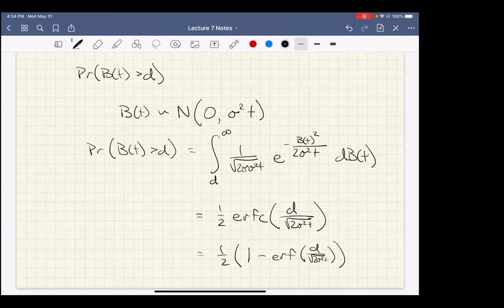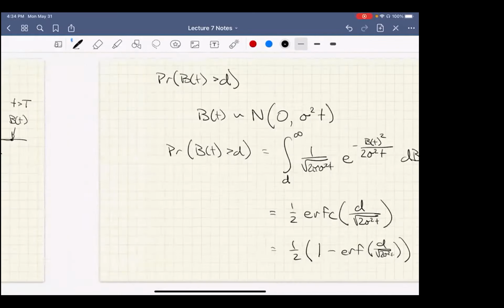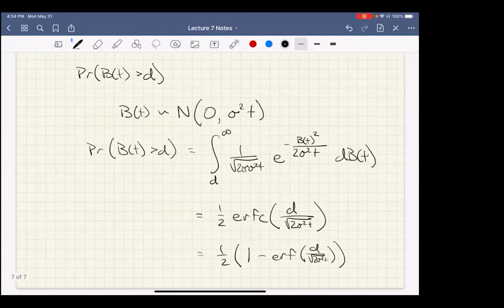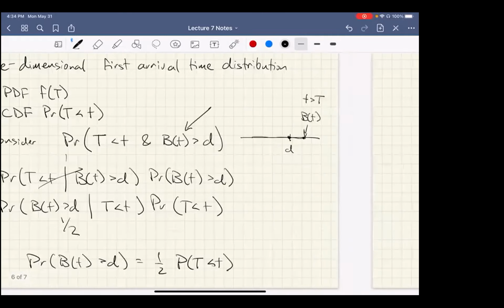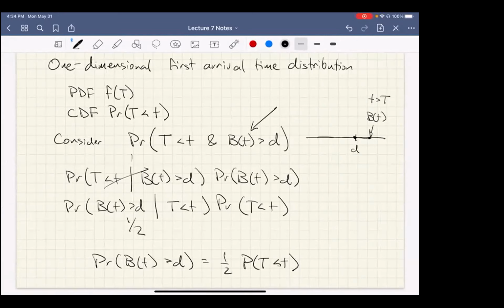We know from the previous page that the probability of B of t being greater than d is equal to 1/2 of the CDF of the thing we're looking for.